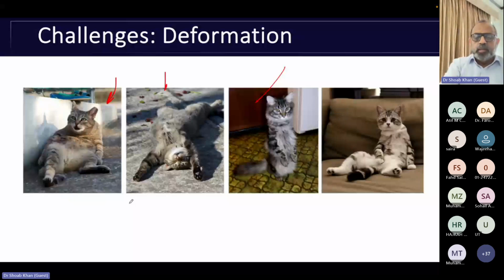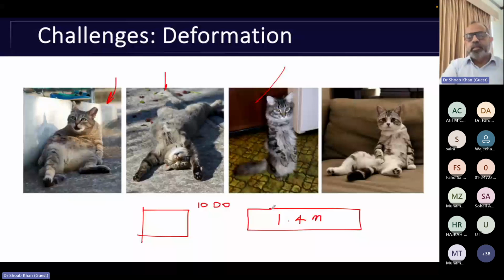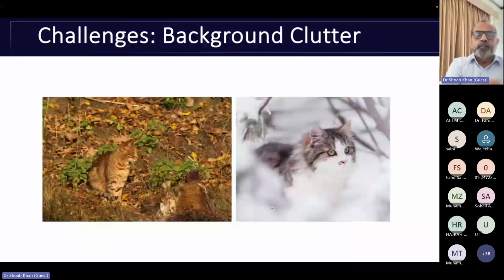Just imagine the challenge: all these numbers are part of 10,000s of different objects in 1.4 million images, and you have to train a model which can beat humans, and every time it is beating itself and improving and improving and improving. And that's just amazing, how the technology is progressing.